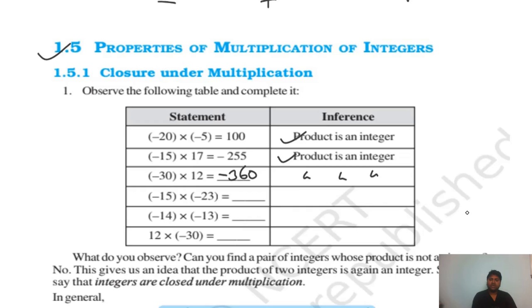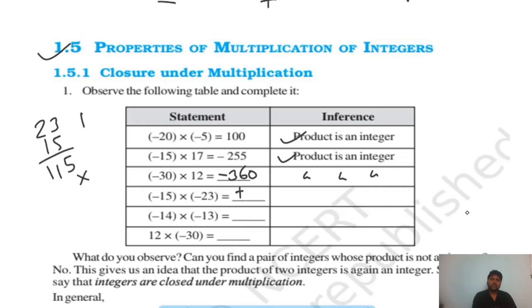Minus 15 into minus 23, we get a positive term since both are negative, so we multiply 23 into 15. 15 is a 2 digit number, so we multiply separately. 5 into 3 is 15, 1 in hand. 5 into 2 is 10 plus 1, 11.